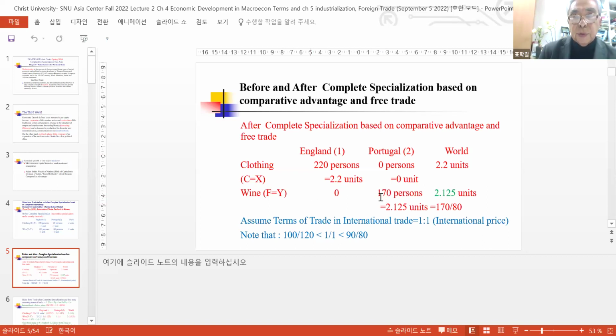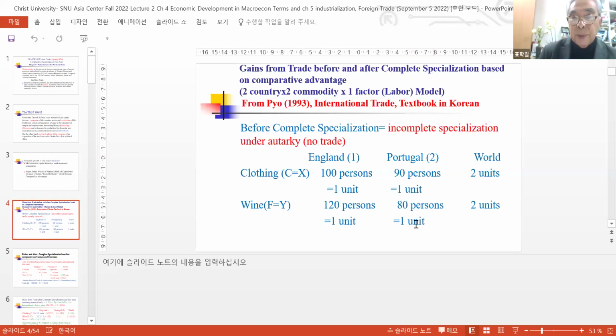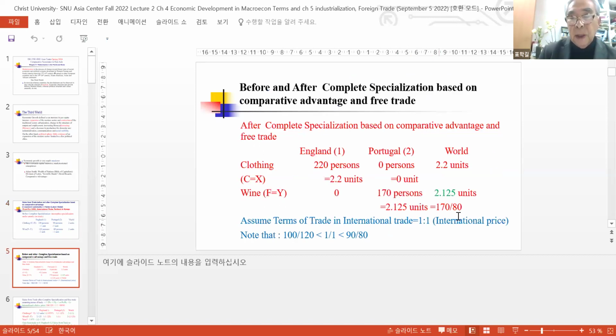This situation we call complete specialization. That is, only one production is made, one commodity is produced. So 170 persons divided by Portugal's 80 persons per unit. Therefore, 170 divided by 80 gives you 2.125 units.